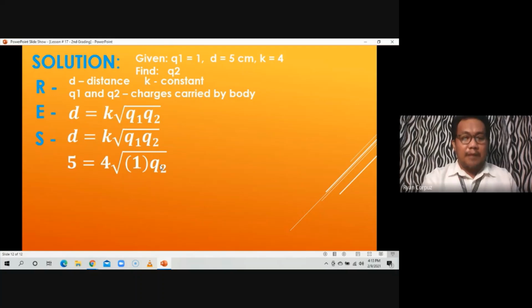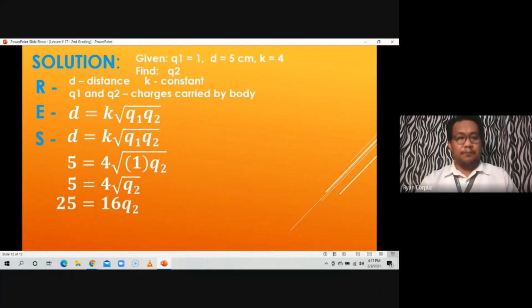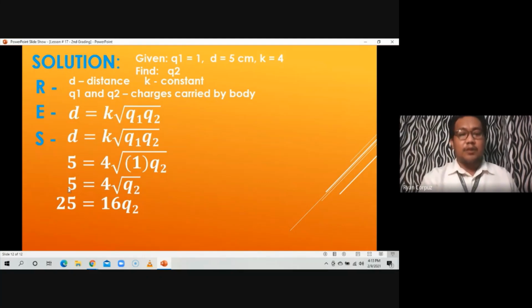When we simplify this, what's inside is the same as Q sub 2. So it becomes 5 is equal to 4 square root of Q sub 2, because 1 times Q sub 2 is Q sub 2. From there, we could divide by 4 to remove the 4 here, giving 5/4. But what we did here is to raise both sides of the equation by the power same as the index.